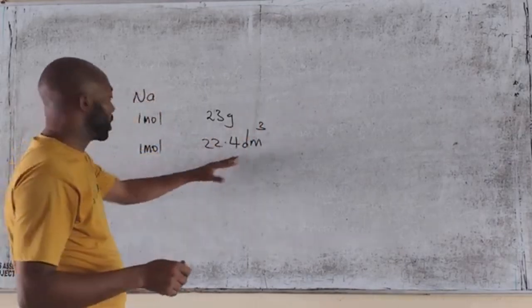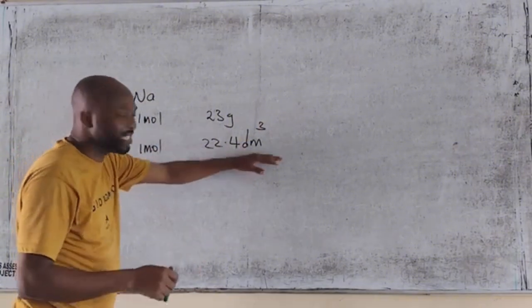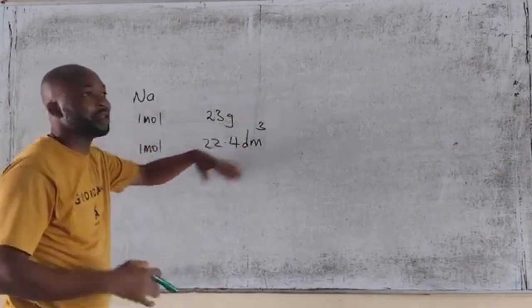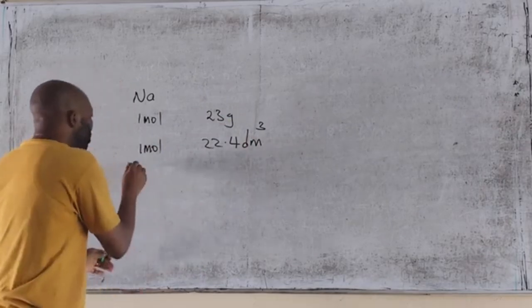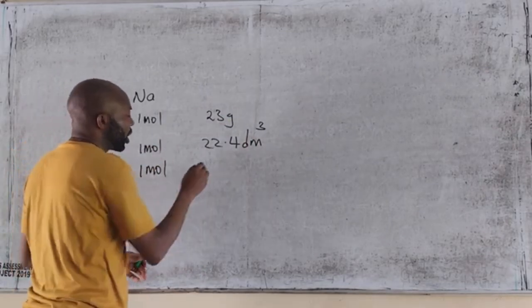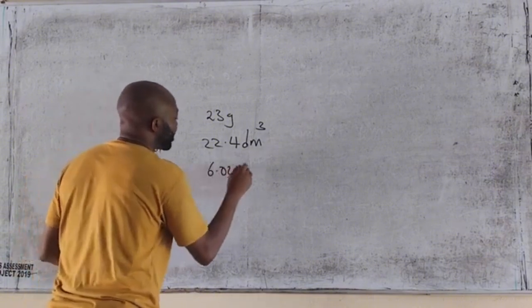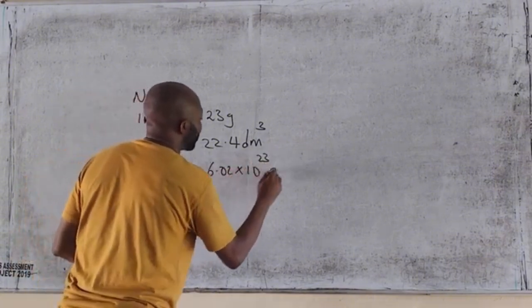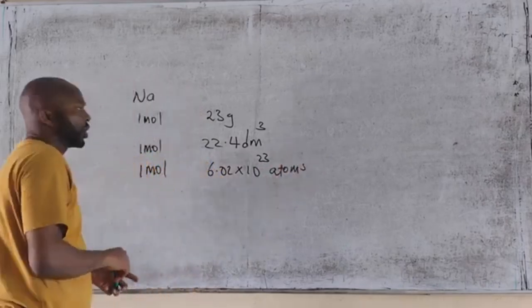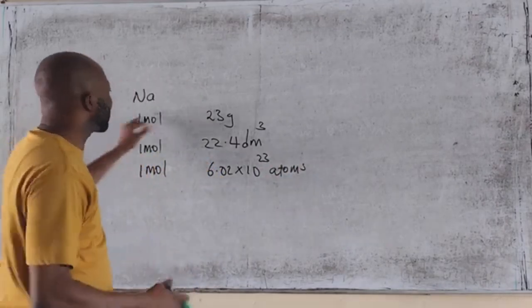That is the volume. 1 mole of sodium is equivalent to this in grams. 1 mole of sodium is equivalent to 6.02 times 10 raised to the power 23 atoms of sodium. So interchangeably, this is equivalent to this.